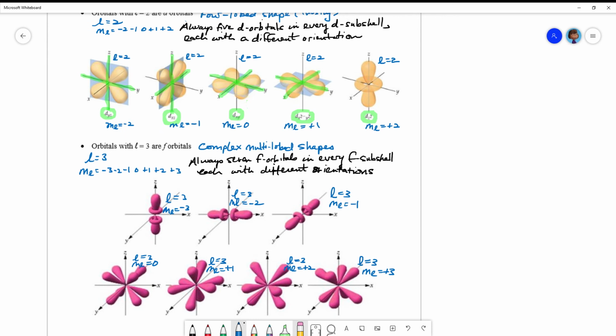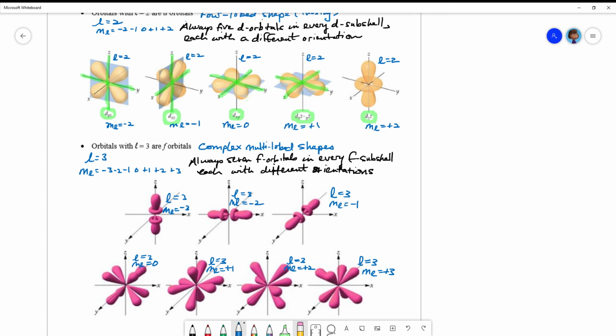Now, these are the orbitals I'm showing to you because this is as far as I can get without getting really fantastical shapes. But let's just think about it. Let's suppose we have a set of orbitals with L equal to 4. What would we call those orbitals? Well, after f is g. There would be g orbitals. Now, how many g orbitals would you expect to find in a g subshell?